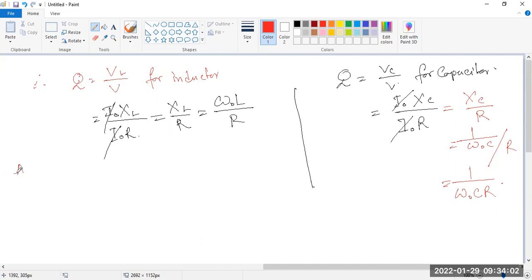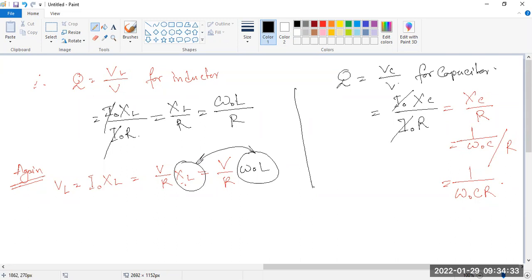Again, we can write this another way. VL equal to I naught XL, equal to V by R into XL, equal to V by R times this term, which will give you omega naught L. So what we can write?